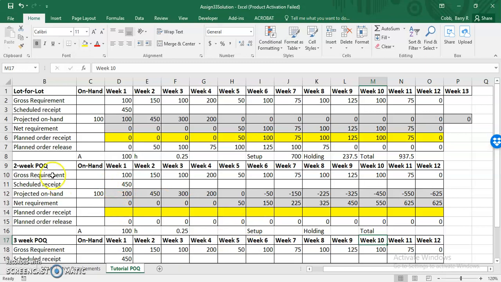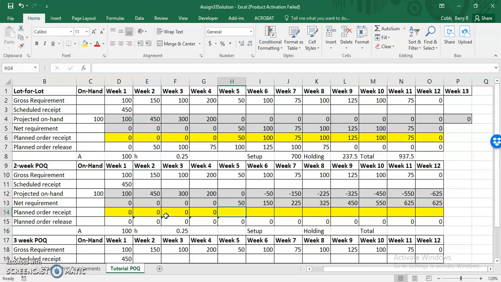The next ordering rule is called a periodic order quantity 2-week rule. We start here at week 1, and with a 2-week rule, we look for the first instance where we have a positive net requirement. We don't have any positive net requirements for the first 4 weeks until we get to week 5.